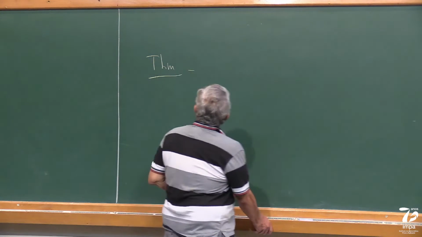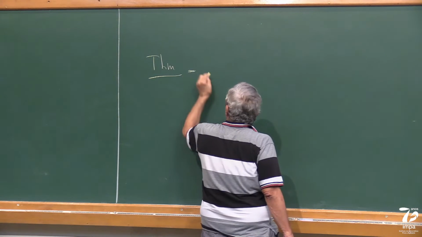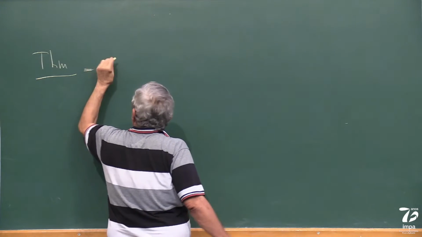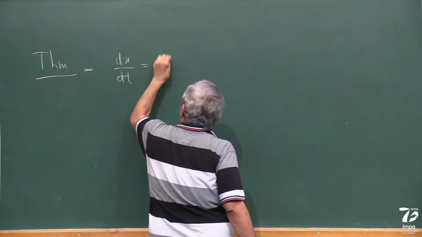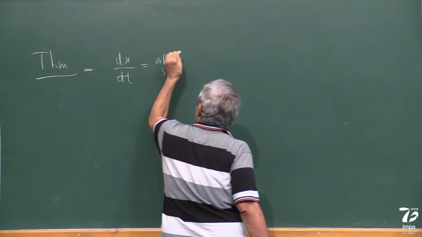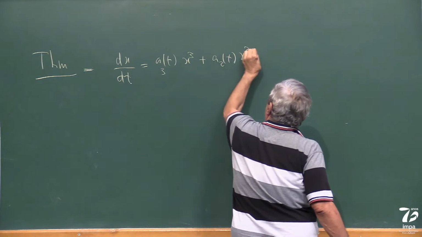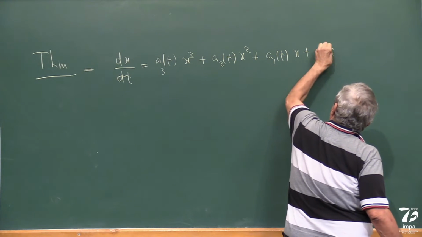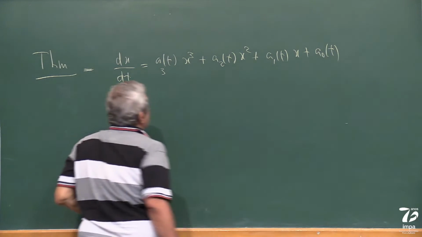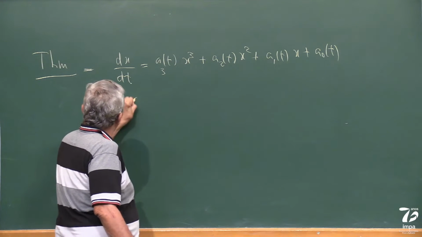So the first theorem is, suppose you have an equation of degree 3. And suppose that A3 of t is bigger or equal to 0.